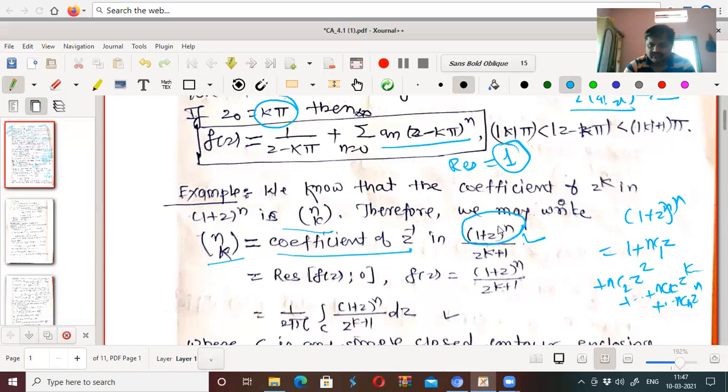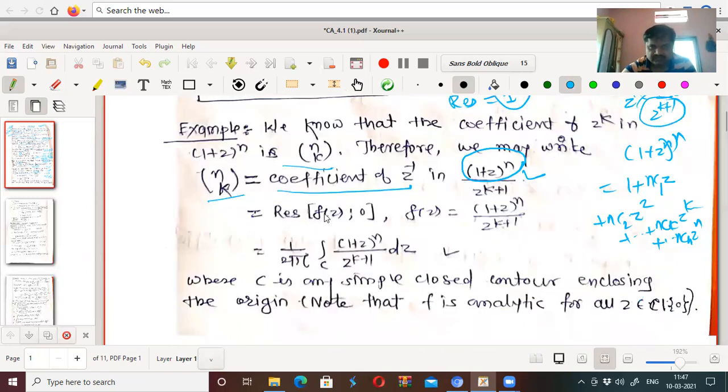Multiplying by 1 upon z raised to k plus 1 makes the coefficient that of z raised to minus 1. So the coefficient of z raised to minus 1 now becomes that in (1 plus z) raised to n upon z raised to k plus 1.